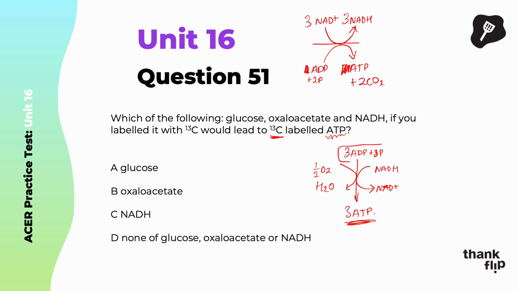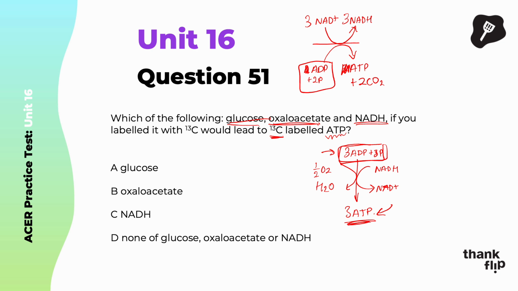As we can see, it's always coming from these ADP molecules, right? And so we want to figure out, do any of these glucose, oxaloacetate, and NADH contribute any atoms to the ADP molecules? And you'll find out that the answer is no. There are no arrows going from glucose, oxaloacetate, or NADH to those ADP or to those ATP.